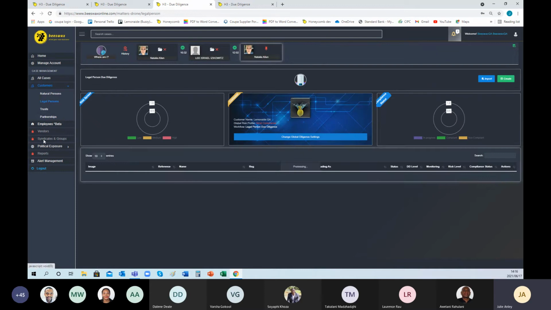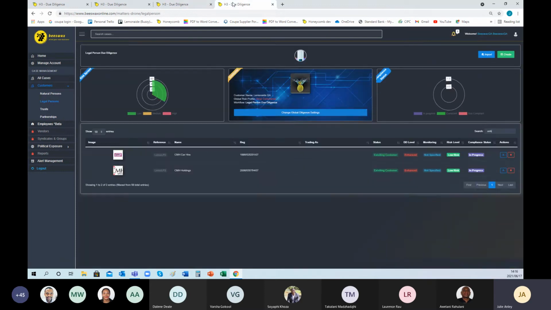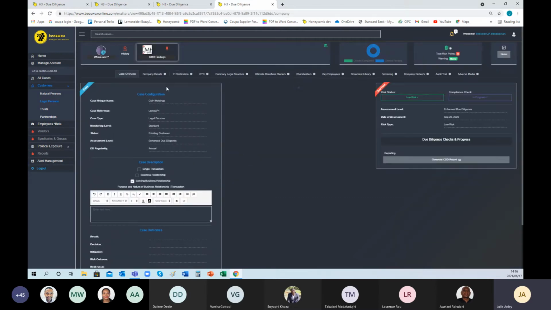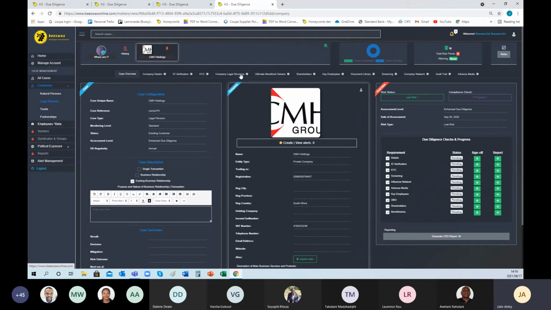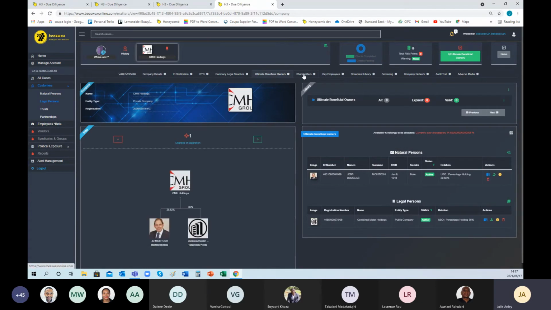The legal persons, I just want to show you the different categories that we do have. If I click on any one of my legal persons, it is going to show that the system has the tabs that are now relevant to your legal structures. So it's going to show me all the company details along with the directors. It allows me to capture your ultimate beneficial owners, shareholders, key employees.